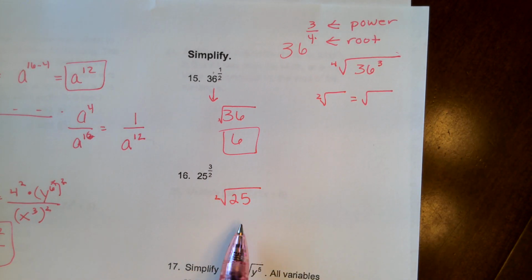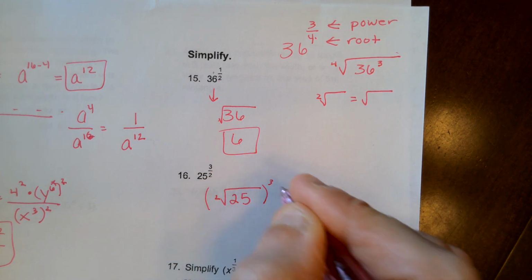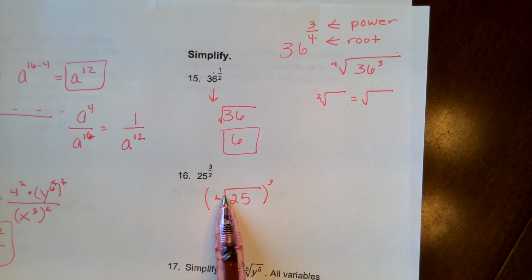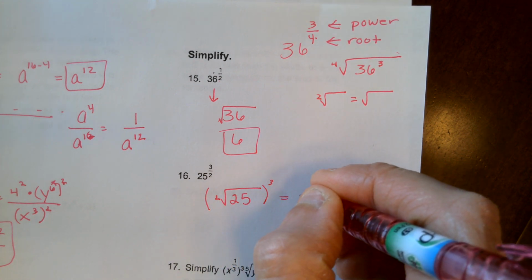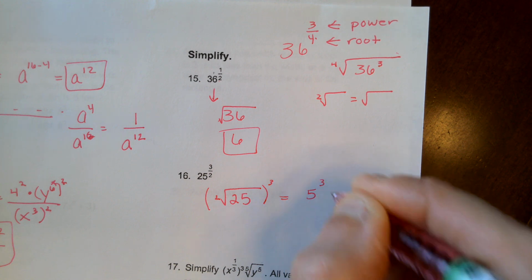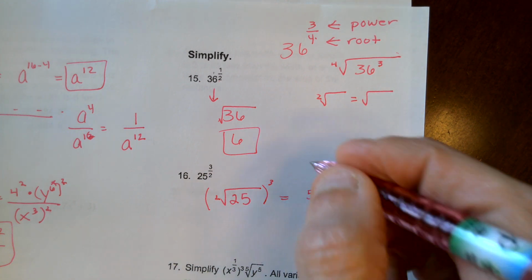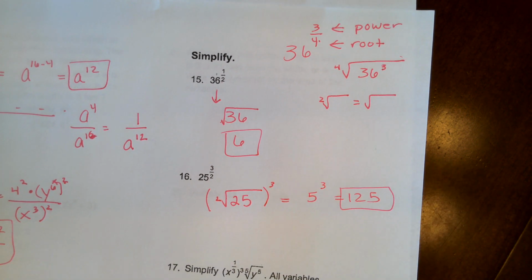So I can put the 3 here, or I can put it out here. I'm going to put it out here because I already know what the square root of 25 is. I think it's much easier to get the square root of 25 than to get the cubed power and then try to do the square root. So I'm going to do that first. Square root of 25 is 5. Then I'm going to raise it to the 3rd power, which is 125. 5 times 5 times 5.